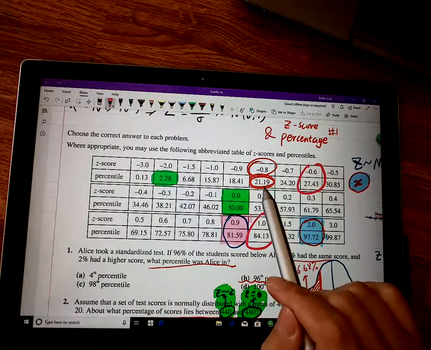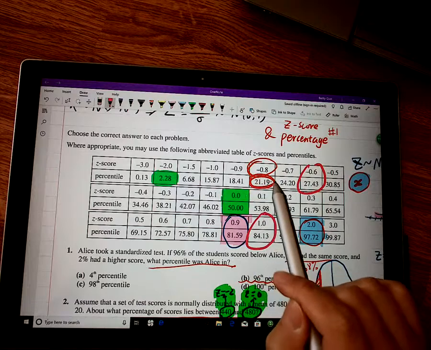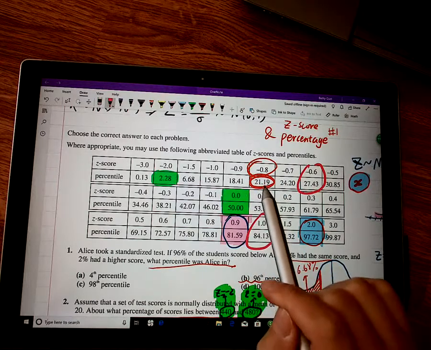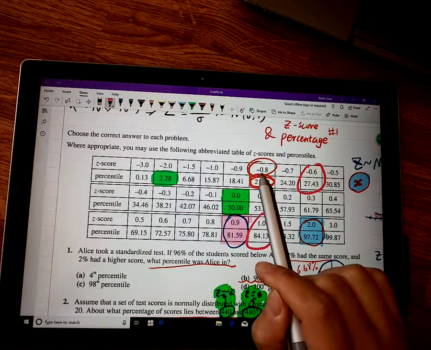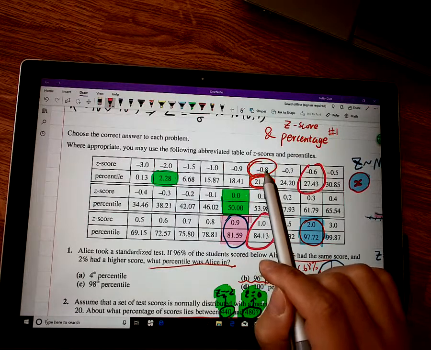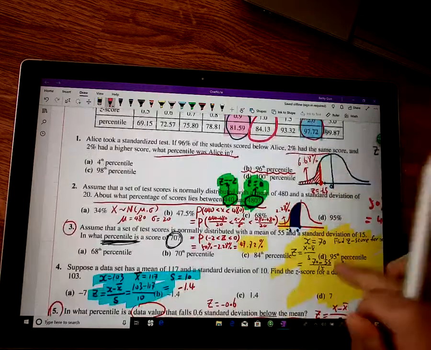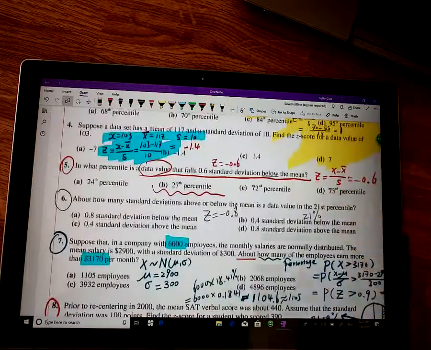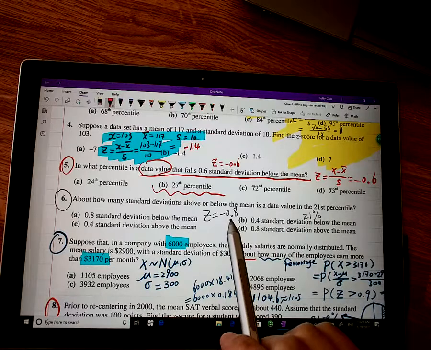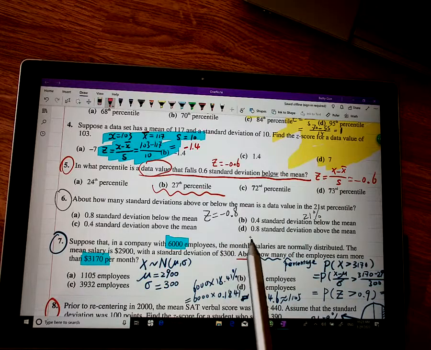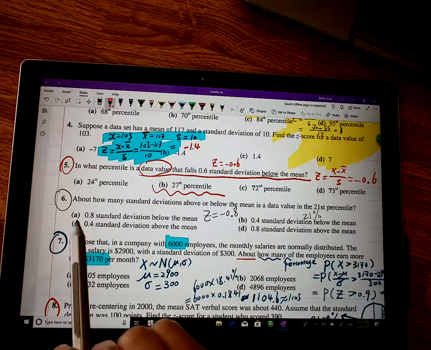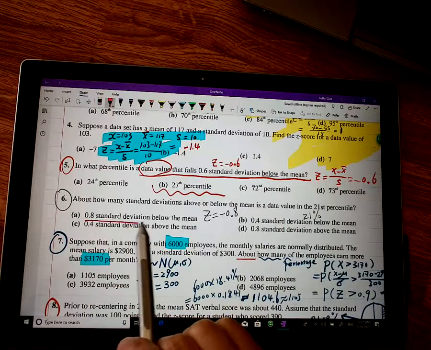We don't really have 21%, but we have 21.19%. This one would be the closest percentile, so we're going to use this one. The percentile corresponds to the z-score equals negative 0.8. So the data value is below the average because it's negative, okay? How many below? 0.8 standard deviation below.